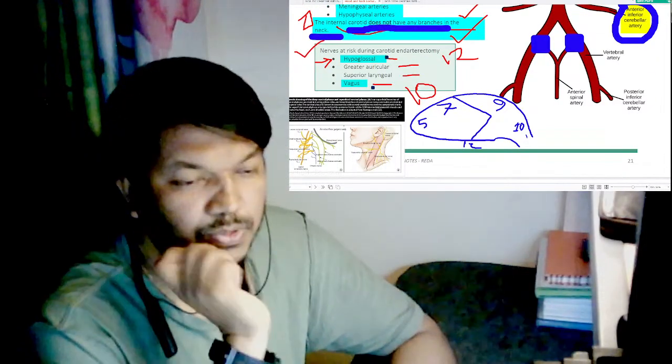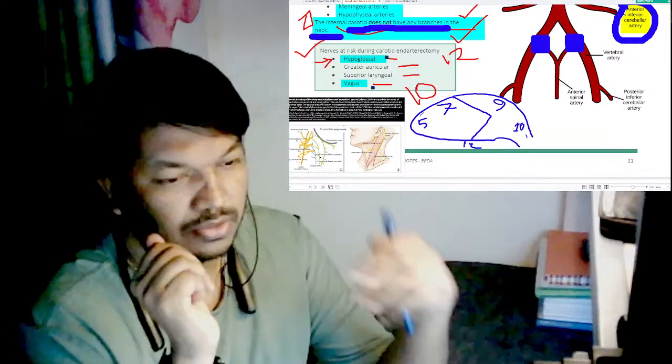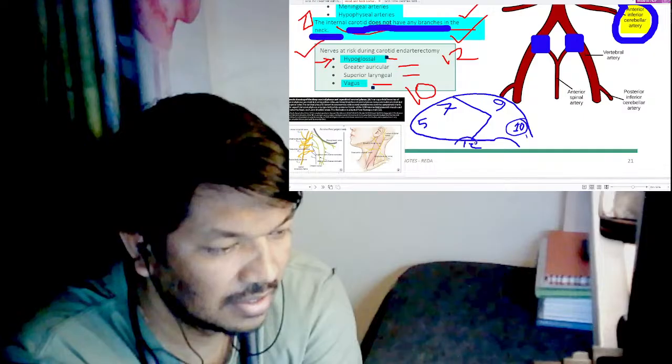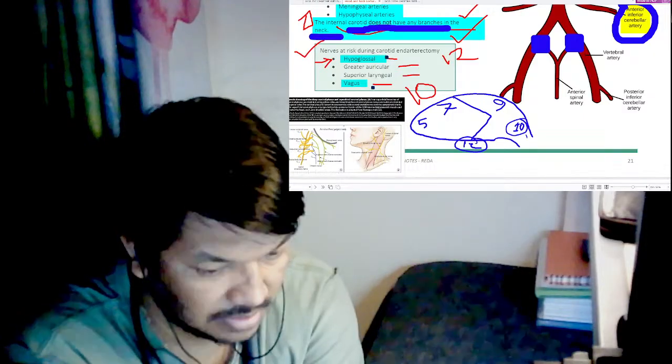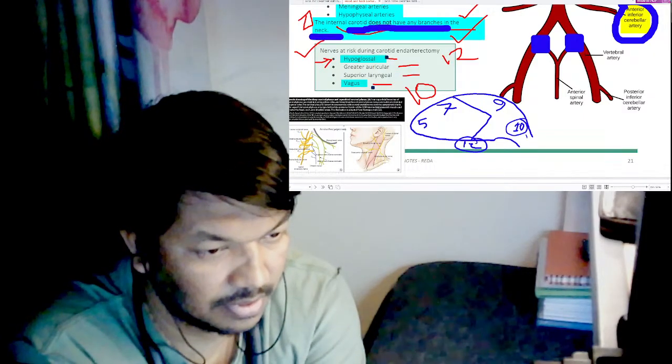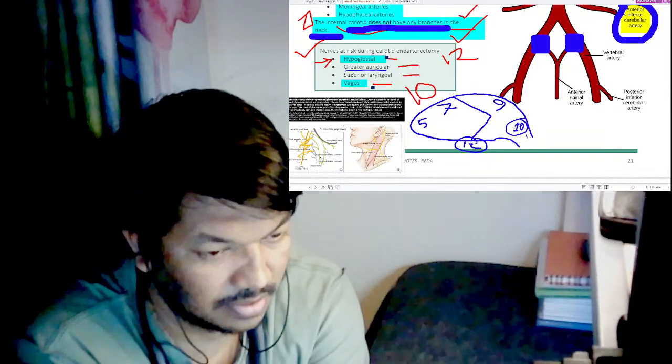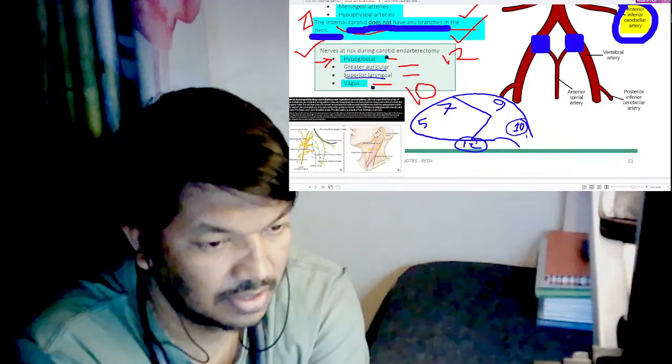So if we do any carotid endarterectomy, number 10 and 12 are at risk. Also the greater auricular and superior laryngeal nerves.